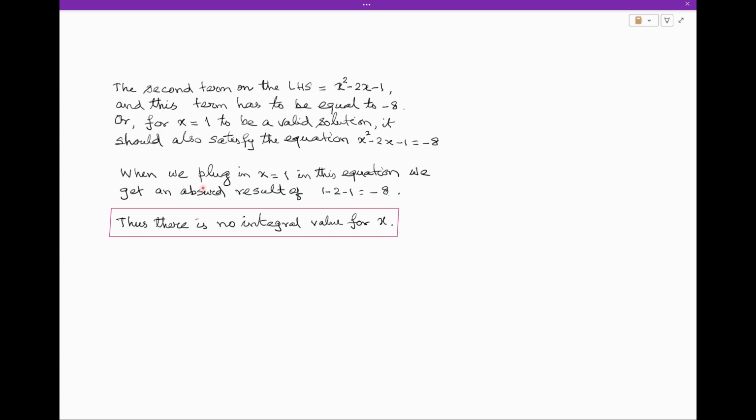When we plug in the value of x is equal to 1 in this equation, we get an absurd result of 1 minus 2 minus 1 is equal to minus 8. This means that there is no integral solution or integral value for x, and that is the answer.